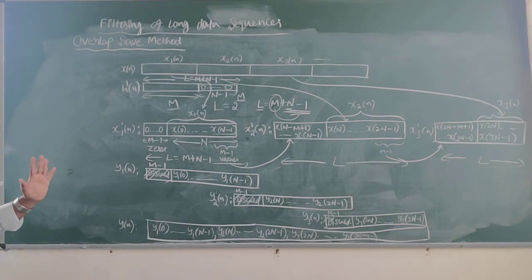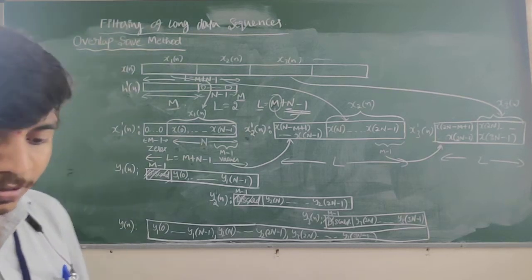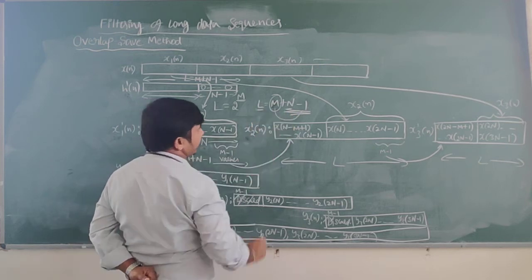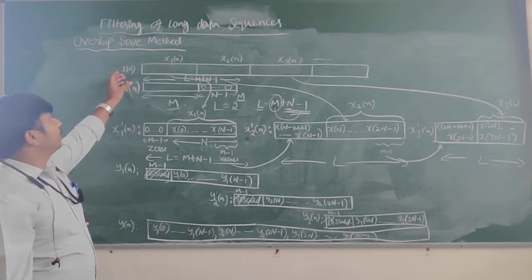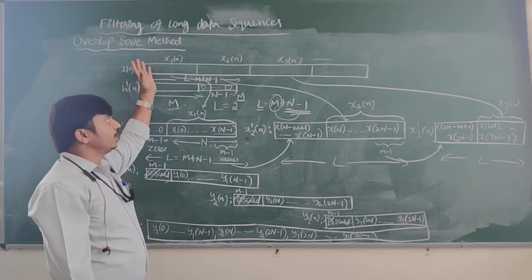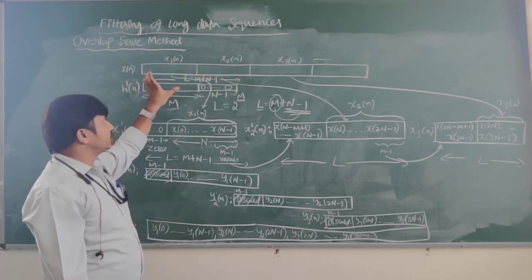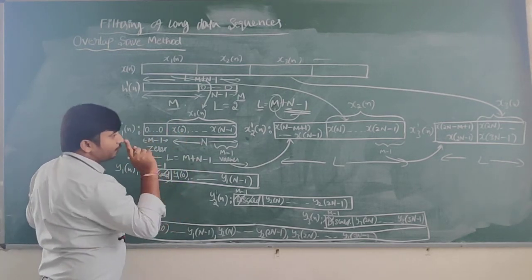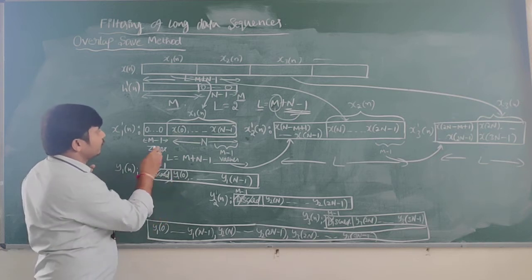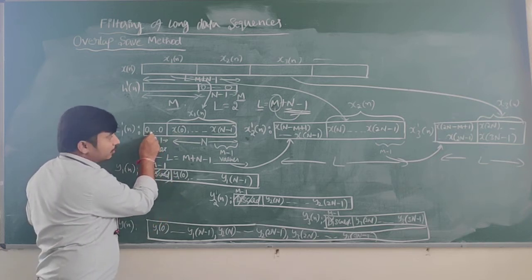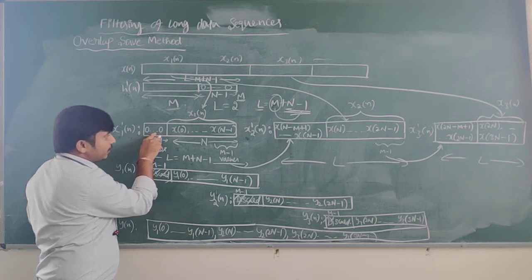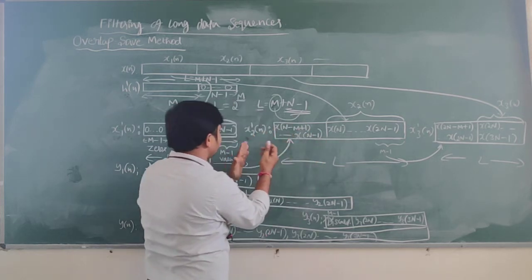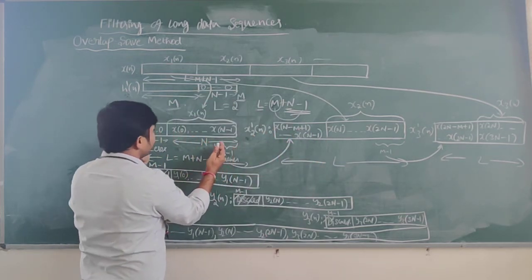Here, what is important to remember is that the length L is equal to 2 power m, and L is equal to m plus n minus 1. The long input sequence x of n will be segmented into different blocks, and each block will be taken in this manner. The first block will consist of the first m minus 1 zeros, whereas the first m minus 1 entries of the next sequence will be the last m minus 1 entries of the previous block.